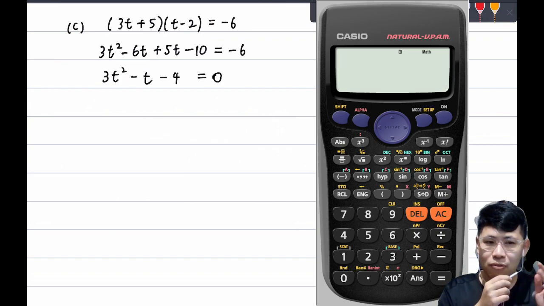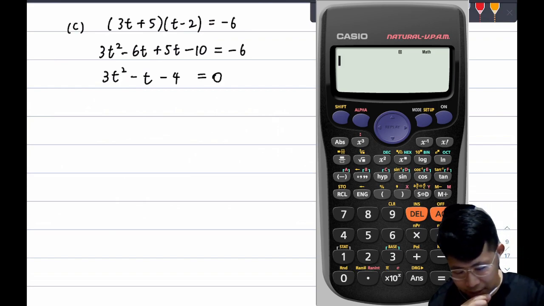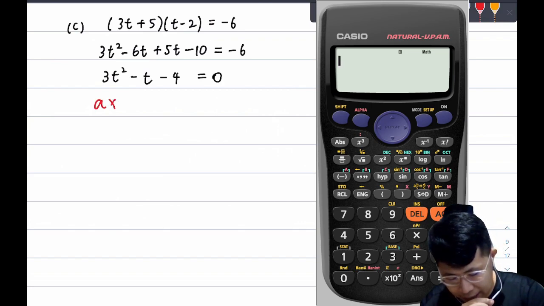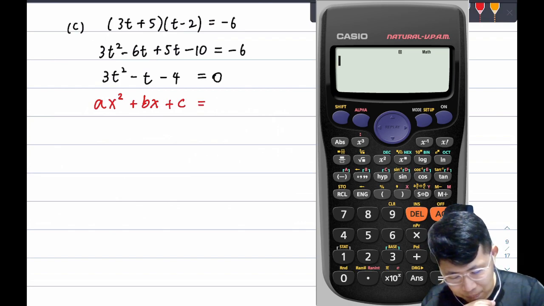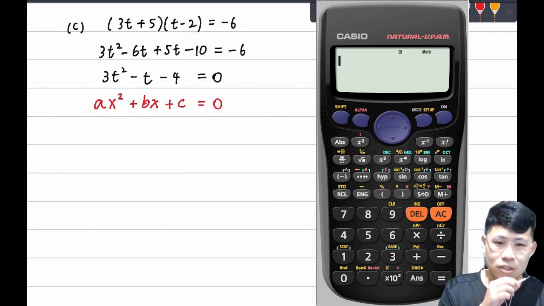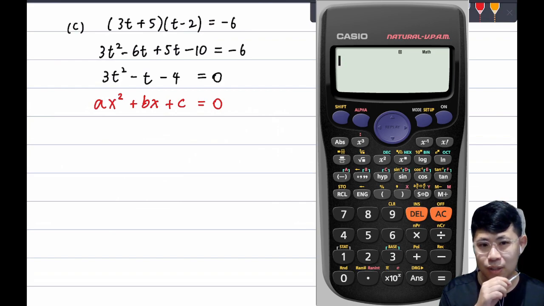Okay, but before we start, let me introduce you to something over here. The generic quadratic equation will be ax squared plus bx plus c equals 0.